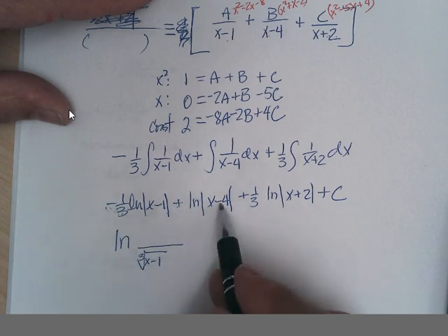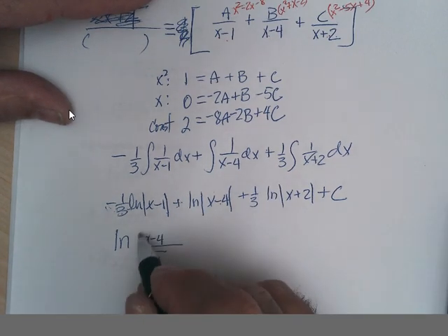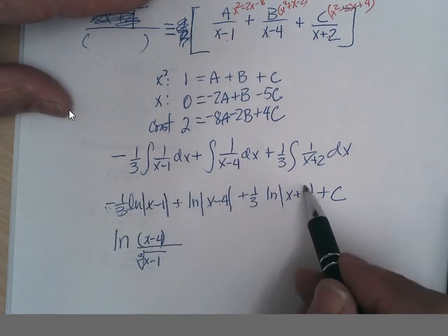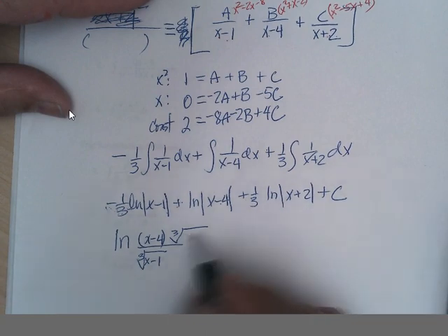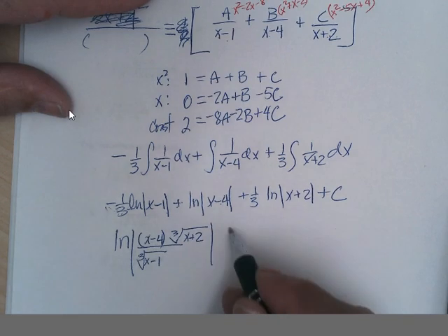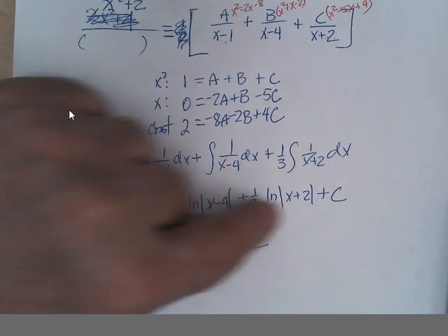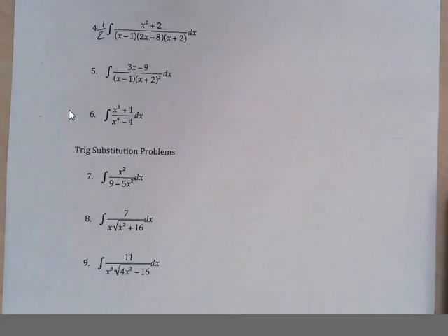Plus means you multiply by this, and so that would be times x minus 4. And the 1/3 on this would go up and make it the cube root, and it's plus, so it would be times the x plus 2. So that's what that says. It's easier to look at that way, but that's what it is. Okay?